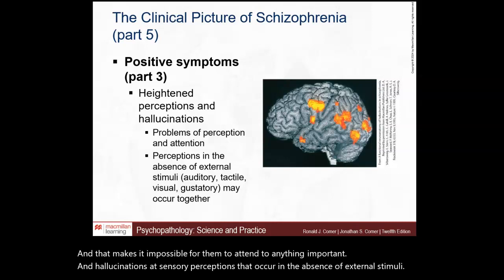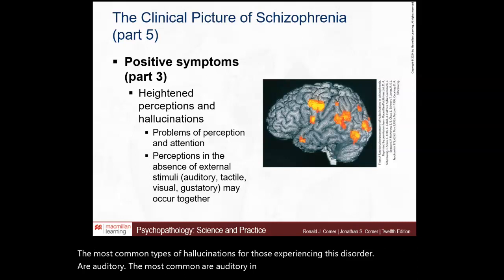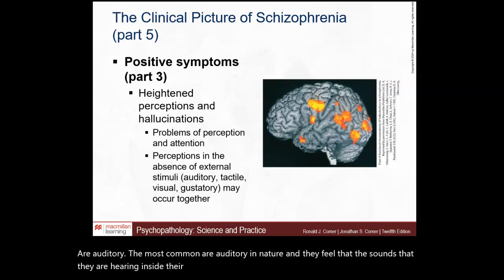The most common types of hallucinations for those experiencing this disorder are auditory in nature, and they feel that the sounds they are hearing inside their minds are individuals speaking directly to them.